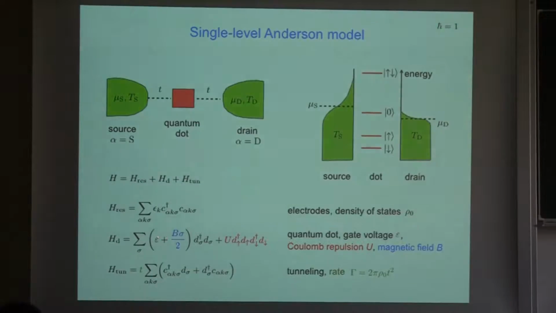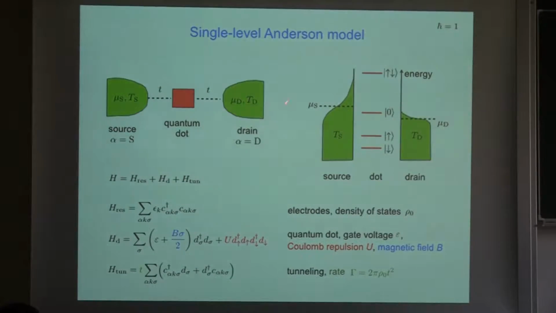The energy epsilon, the so-called gate voltage, is the energy of the singly occupied level, which may be split by a magnetic field, so you have a difference between the up-spin and the down-spin electrons. Furthermore, when you have two electrons on your level, you have to pay this Coulomb repulsion U, which is usually relatively large, on the order of milli-electron volts in real systems.